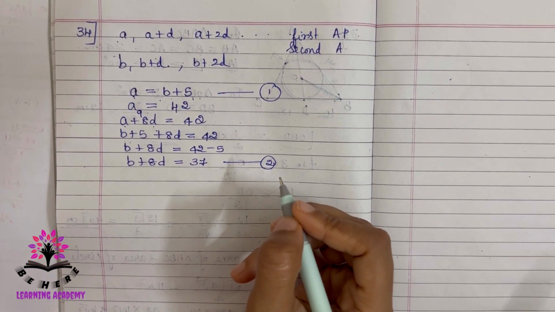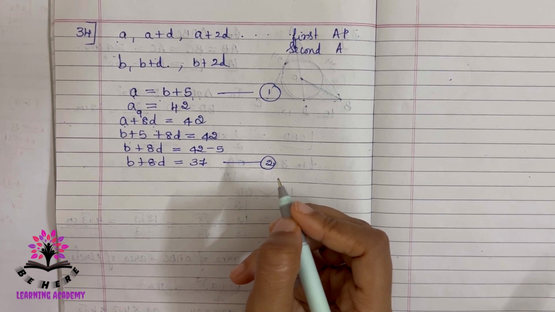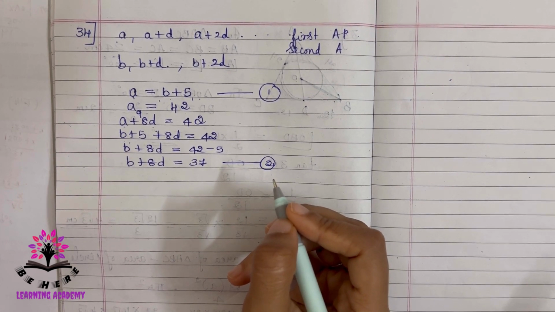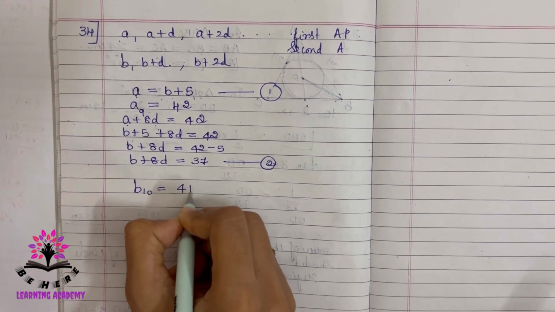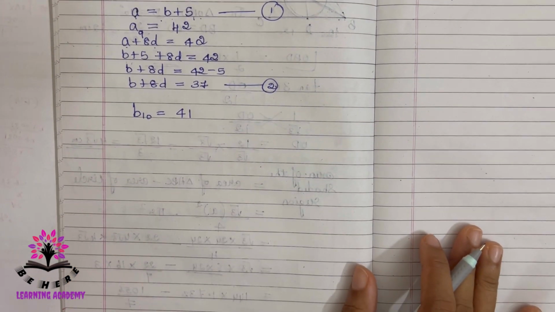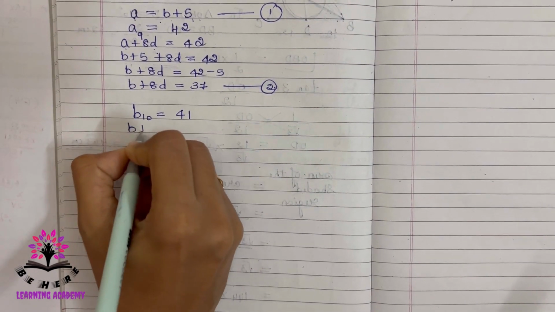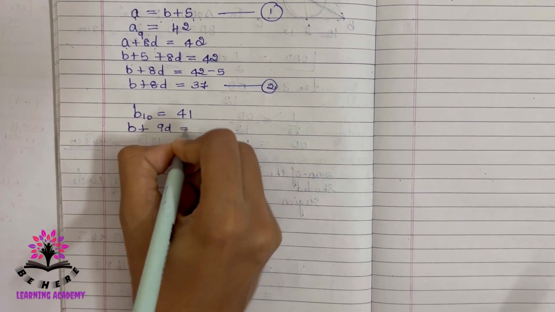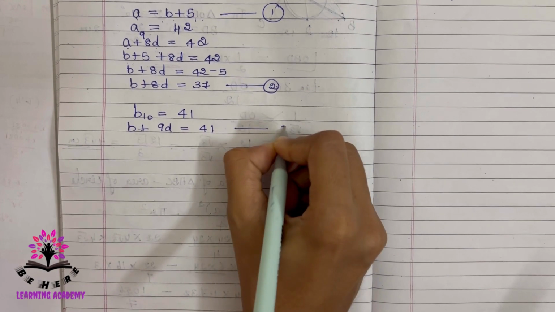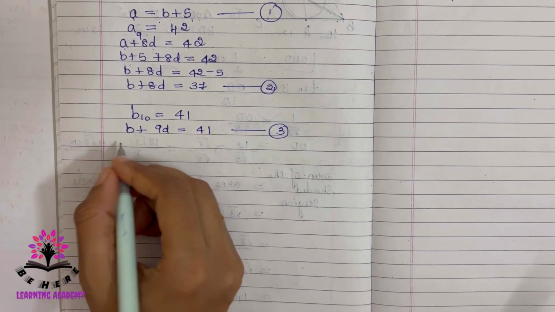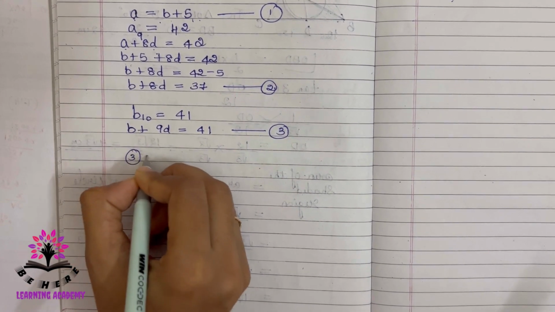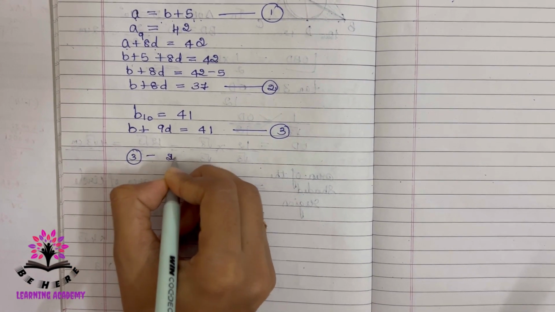Let us go back to the question. The 10th term of the second AP is 41. So B10 will be equal to 41. B10 means B plus 9D, that is equal to 41. I will name this as equation 3. Now let us subtract, equation 3 minus equation 2.